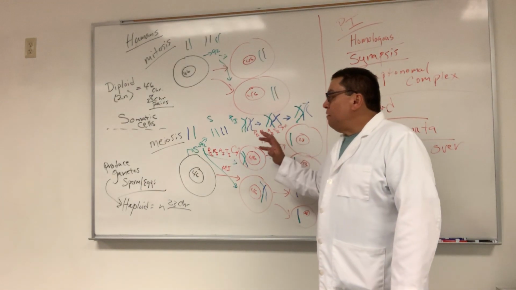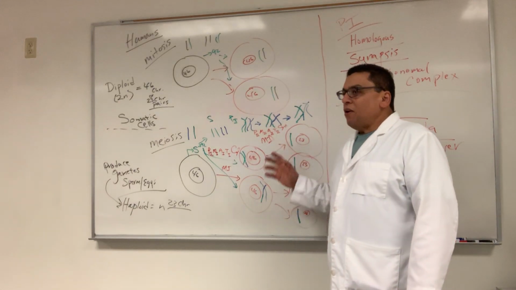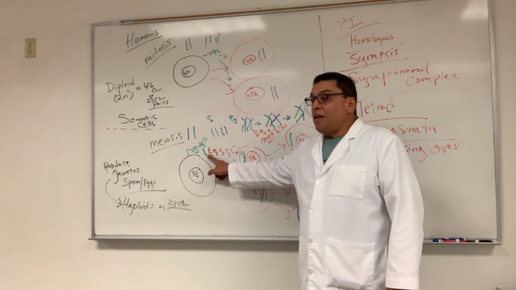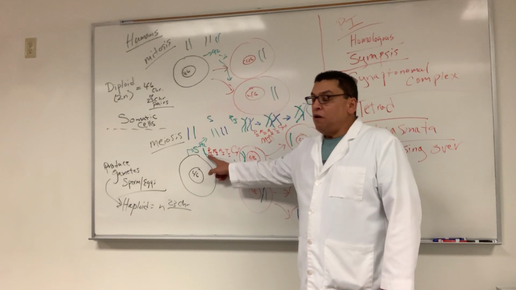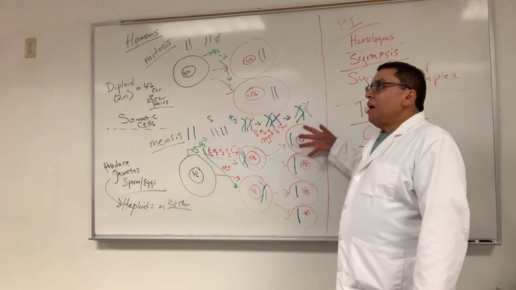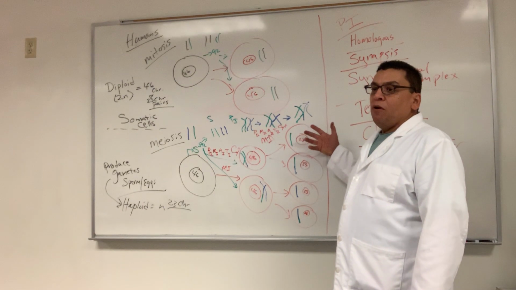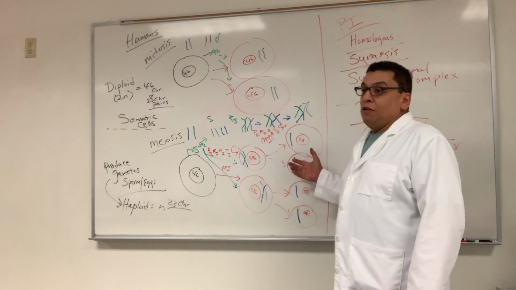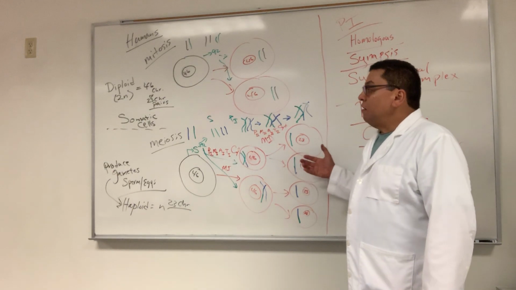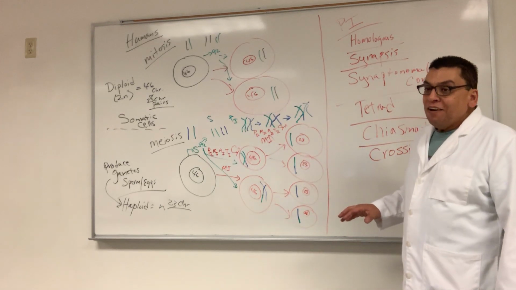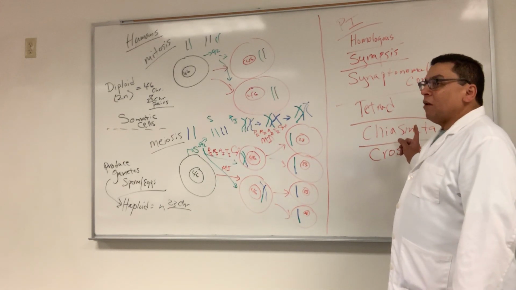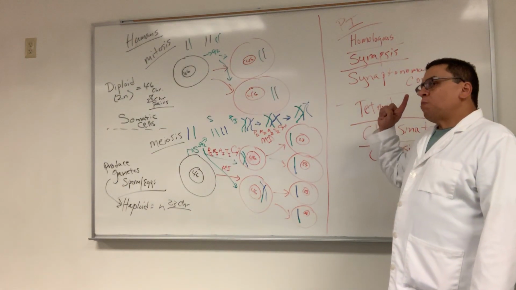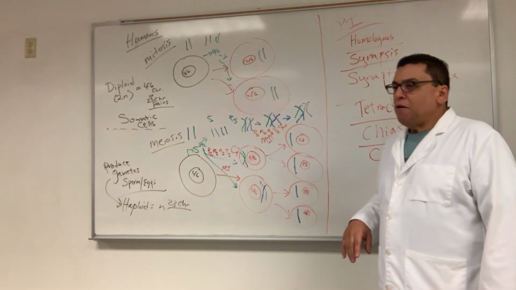We're talking about the events that ensure genetic variation. Crossovers in prophase 1 will increase genetic variation for sure. How they line up and how they move into the haploids independent of each other, independent assortment of chromosomes, will ensure variation. And to add another layer, random fertilization. You have no control over which egg gets fertilized by which sperm. Doesn't matter if you're married or not.